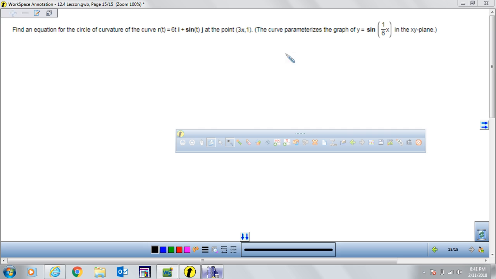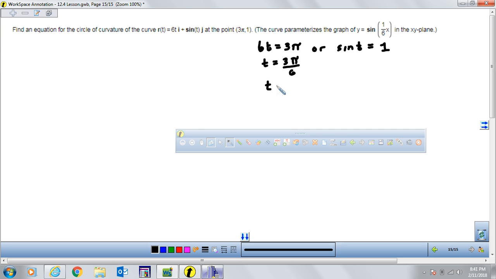Okay, so we can set either one to find the value of t, the parameter, where we want to find the curvature. So we can say 6t equals 3 pi, or we can say sine of t equals 1, and then solve for either. I think it's easier just to solve for this one, right? Either one is going to give us the same result. So if I divide by 6, that would be 3 pi divided by 6.